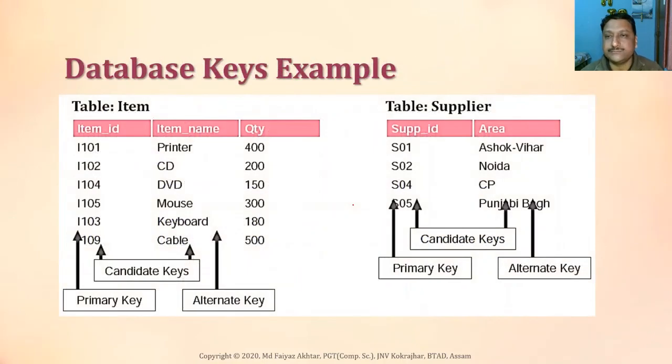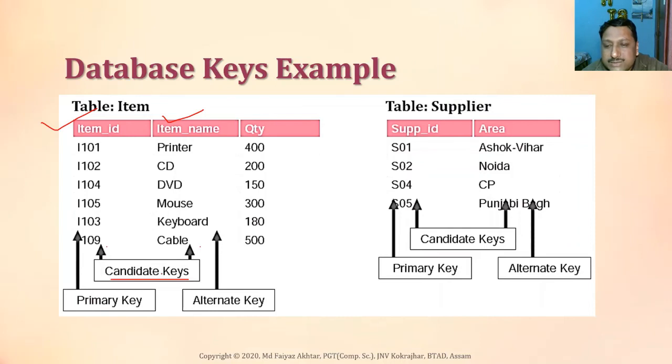See an example here. What are those keys? Item ID and item name all have unique values, meaning different values in each and every row. Then both columns can become primary key, so both columns are said to be candidate keys.